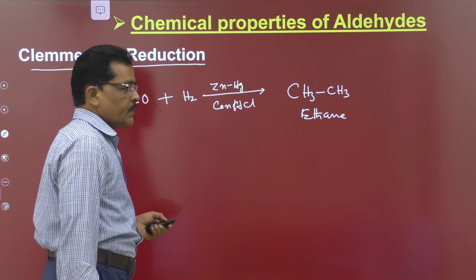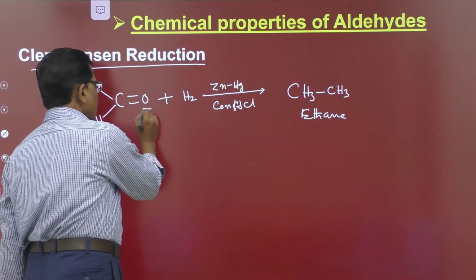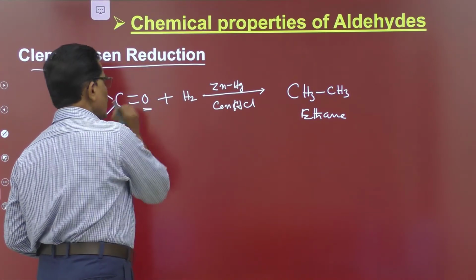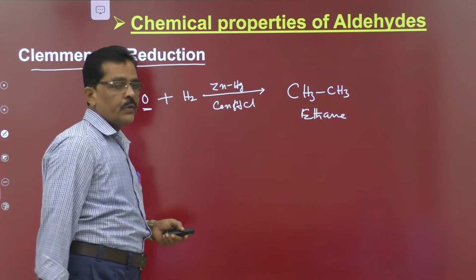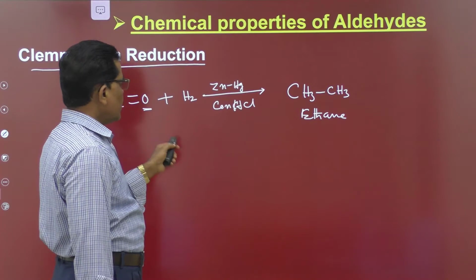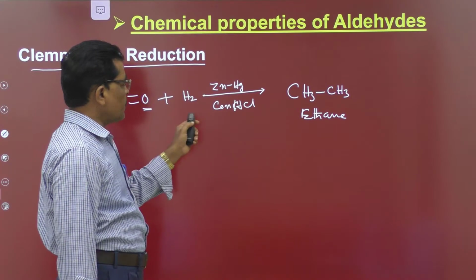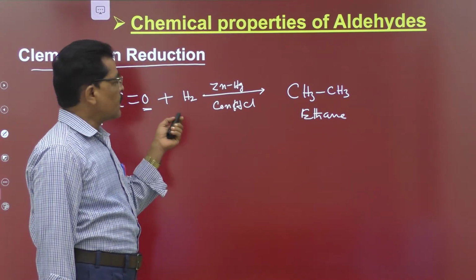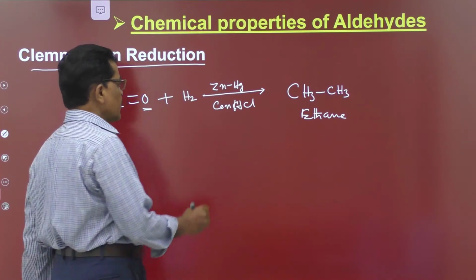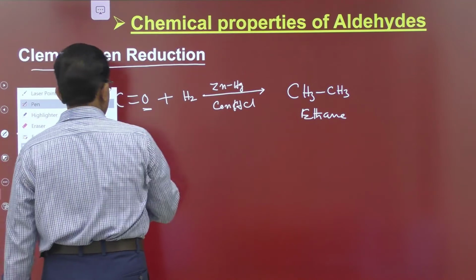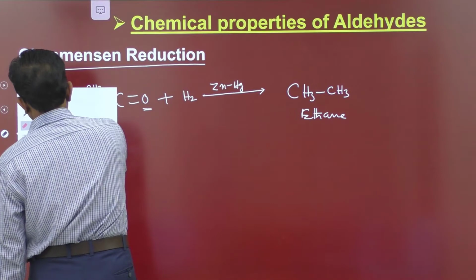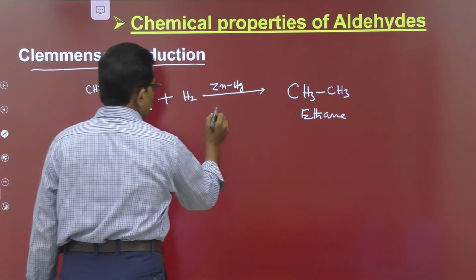Clemmensen reduction means the oxygen atom is removed. The C double bond O group is converted into a CH2 group. So aldehydes are reduced with hydrogen in the presence of amalgamated zinc and concentrated HCl.